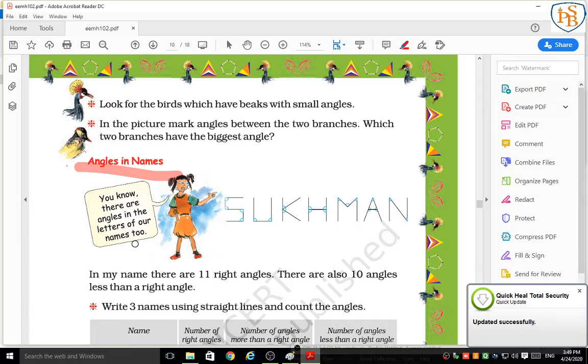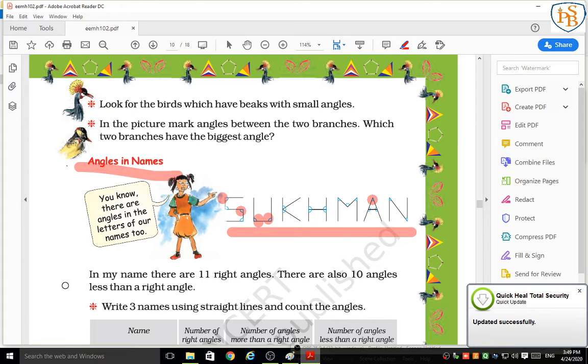Here we are giving one name, that is Sukhaman. Okay, Sukhaman. If we see over here, they already show the different types of angles. Here in each and every letter there are angles.